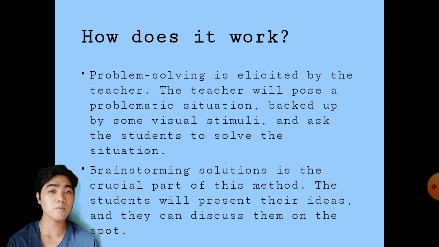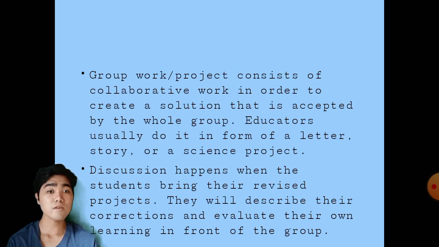The students will present their ideas and they can discuss them on the spot. Group work or project consists of collaborative work in order to create a solution that is accepted by the whole group. Educators usually do it in form of a letter, story, or a science project.